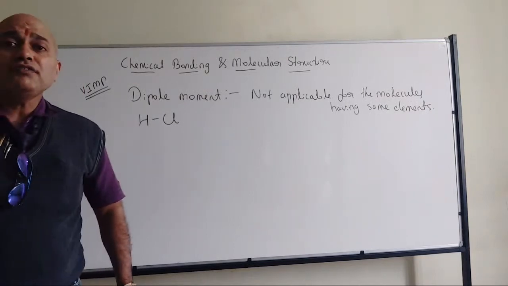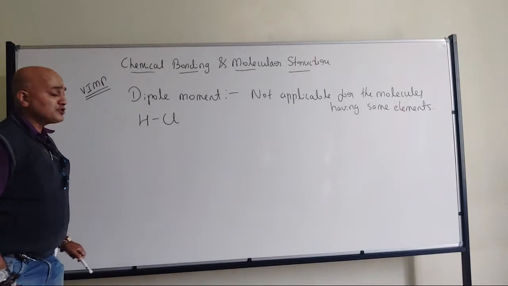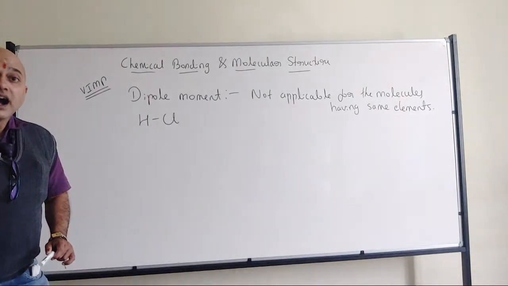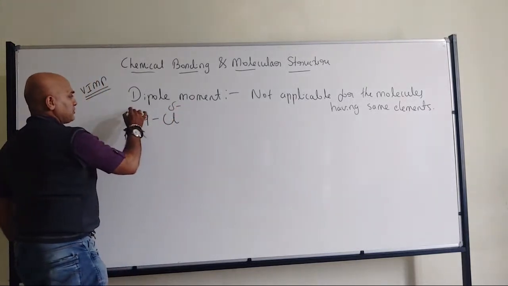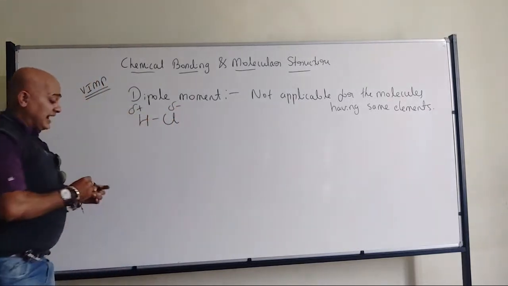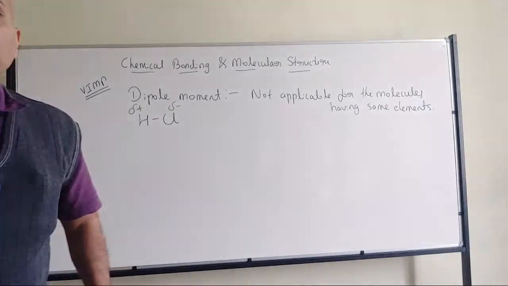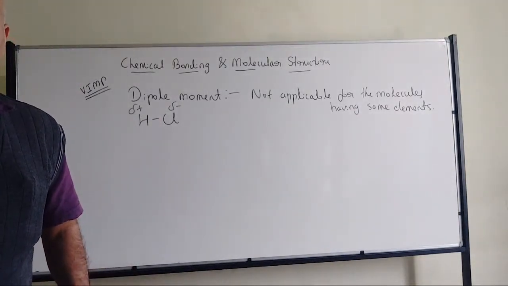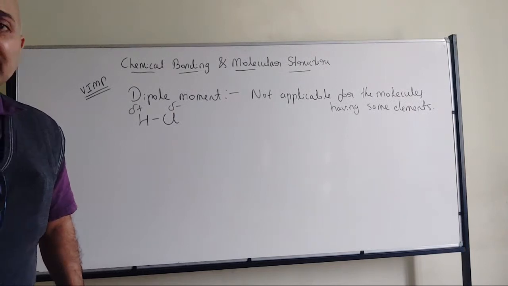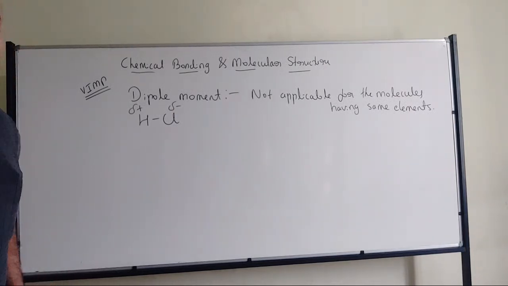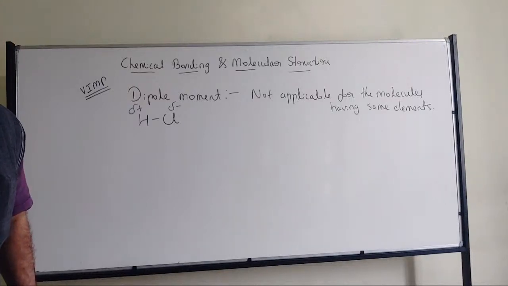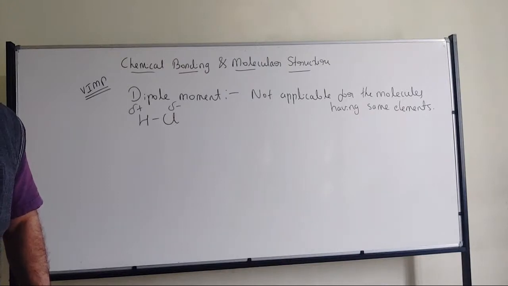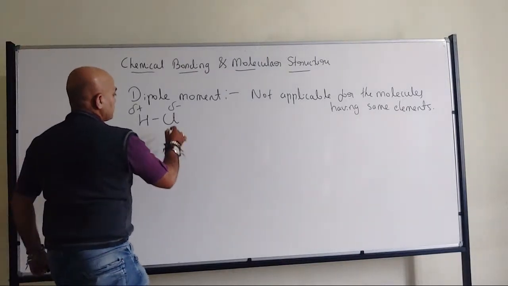However, all of us know that chlorine is highly electronegative. Therefore, hydrogen will behave as electropositive in this example, since chlorine is a halogen and highly electronegative.